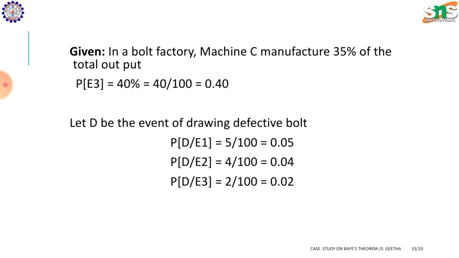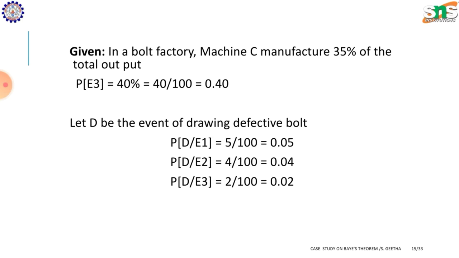Given in a bolt factory, machine C manufactures 40% of the total output. Therefore, P of E3 is equal to 40%, which is equal to 40 divided by 100, which is equal to 0.40. Let capital D be the event of drawing a defective bolt.